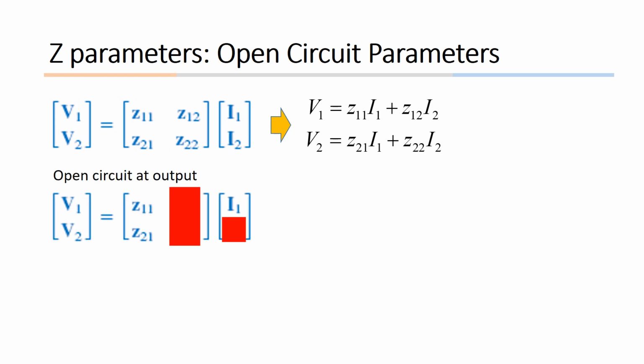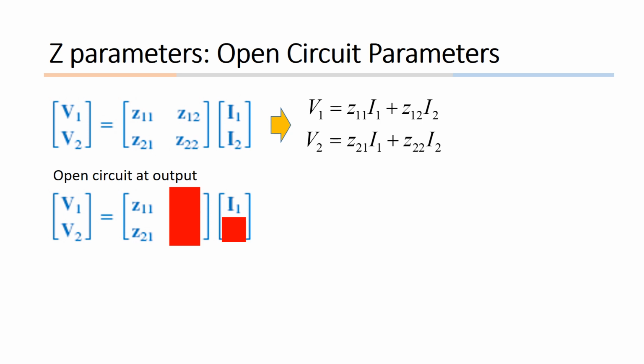So let's find the first open circuit test, which is done at the output. When we let the output be open circuit, meaning that the current will be 0, when current I2 is set to 0, my red box indicates the values that are 0.